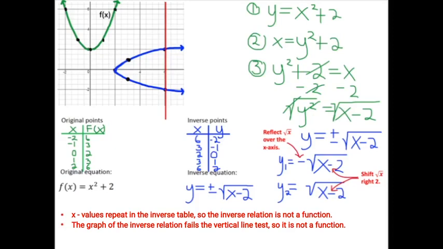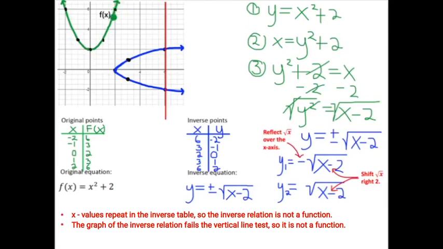Now, what I want you to think about is, since the x and y's are switching here, that means that if the inverse relation is failing the vertical line test, then the function must be failing a different type of line test. Well, vertical has to do with the y values. So if we swap it out, then we're failing a test for the function that has to do with the x values. And that test is actually called the horizontal line test.